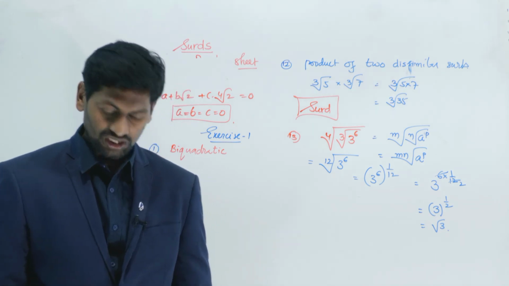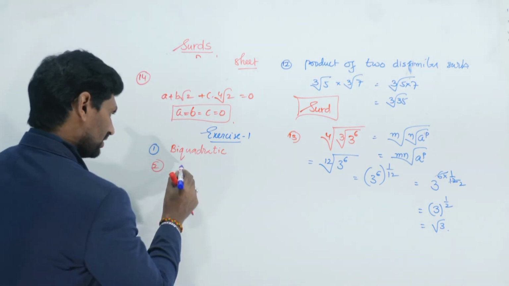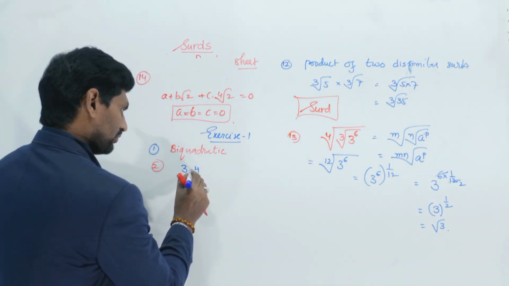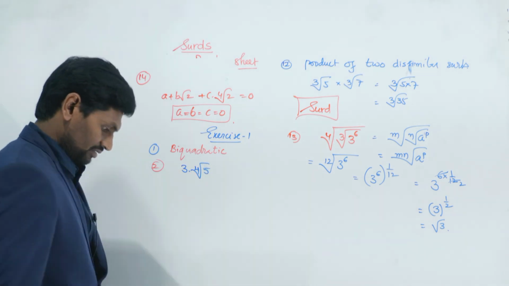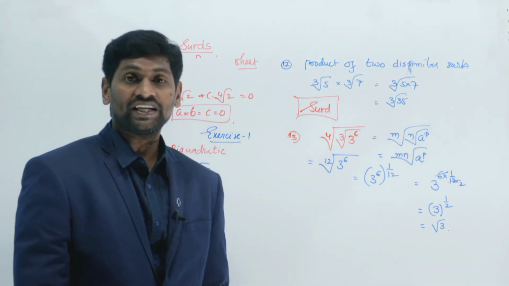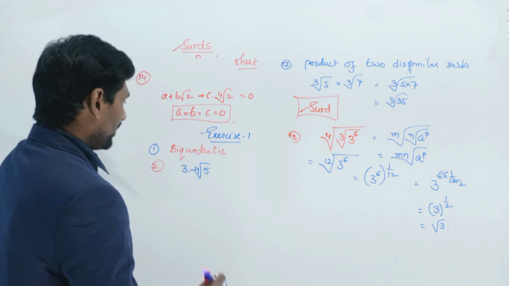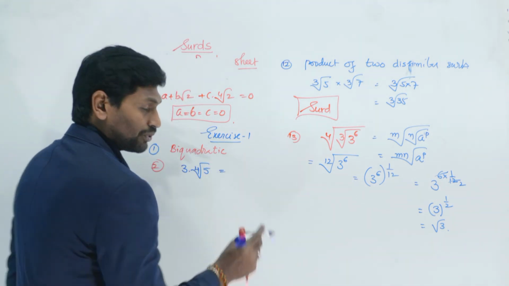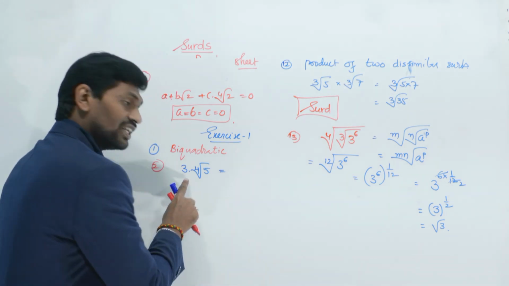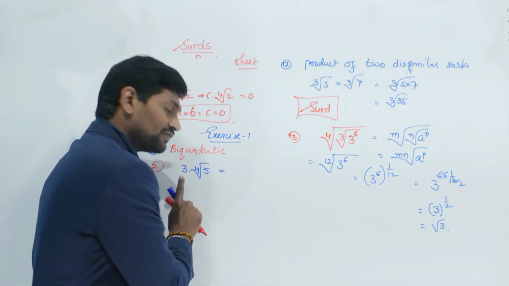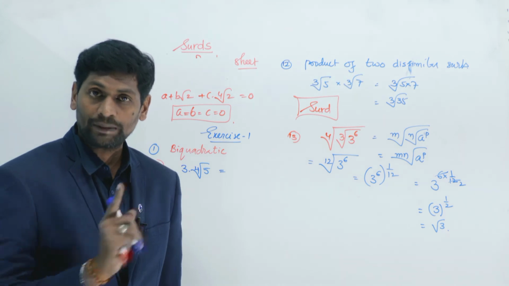Okay? Third, 3 into 4th root 5 is a mixed radical. We need to convert it into a pure surd. Pure surd means that in the place of 3 you have 1; only then are we calling it a pure surd.